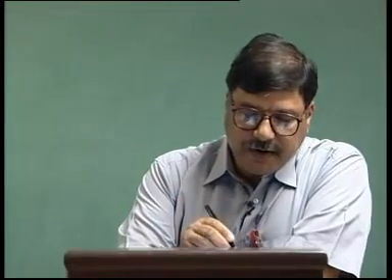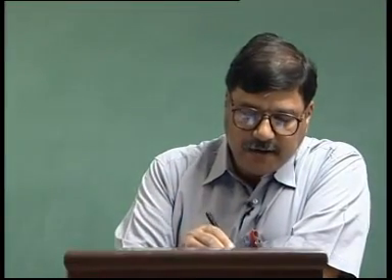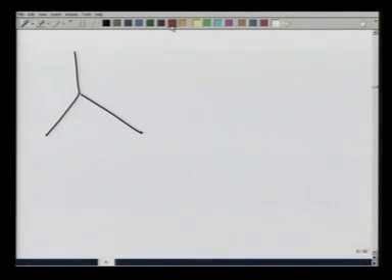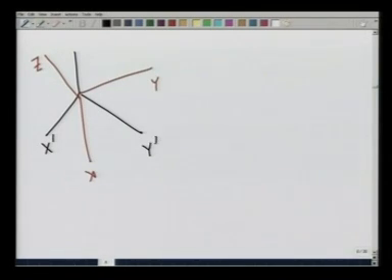So, consider two frames, one an inertial frame and another one a non-inertial frame with the same origin: x, y, z is the inertial frame, x prime, y prime, z prime is the rotating frame, and replace A by the vector r of a particle.